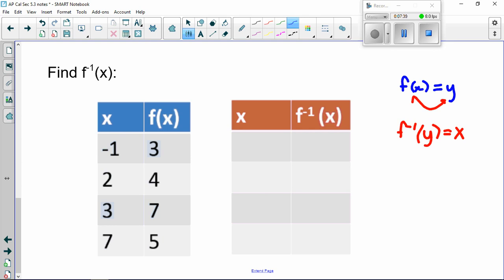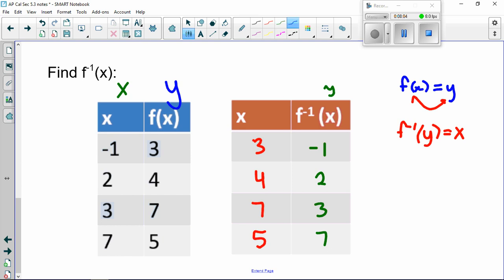So our y's will become our x's. So 3, 4, 7, and 5. And our x's will become our y's. So they'll go over where our y's are. So that would be -1, 2, 3, and 7. Because that's what an inverse does. It just switches the x and y values.